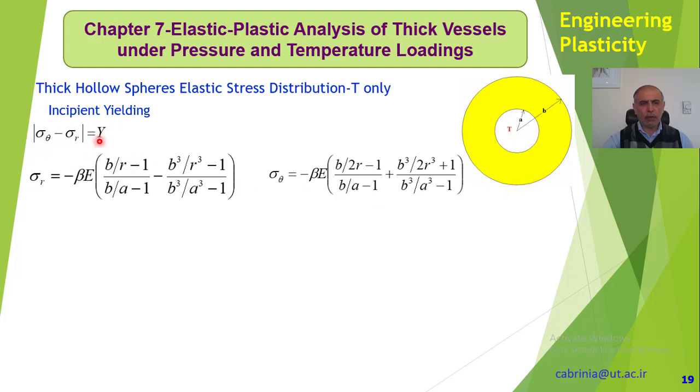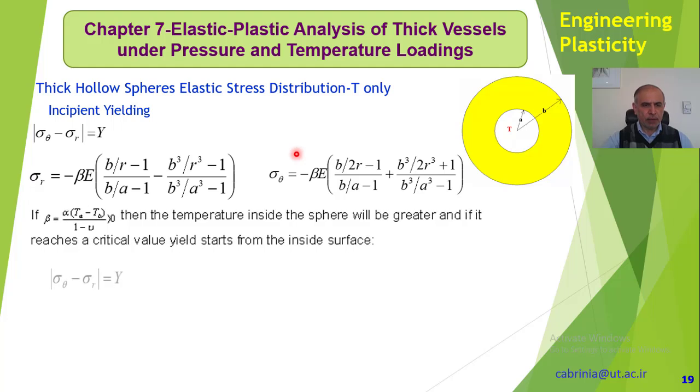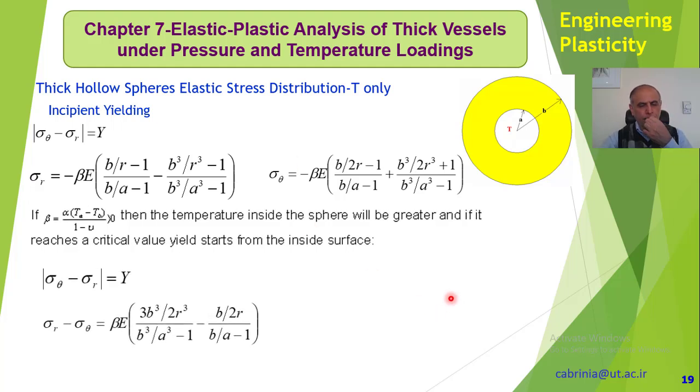And we know that the Tresca and Mises yield criteria here are the same because of axial symmetry. Therefore sigma theta is equal to minus sigma R is equal to Y. And here, if we substitute for these, just note that if beta is greater than 0, then the temperature inside the sphere will be greater, and if it reaches a critical value, yield starts from the inside surface.